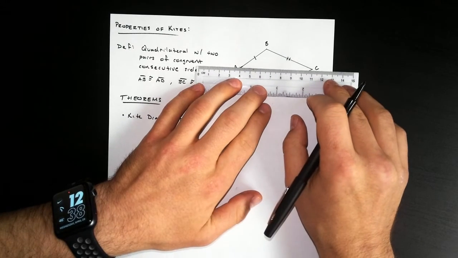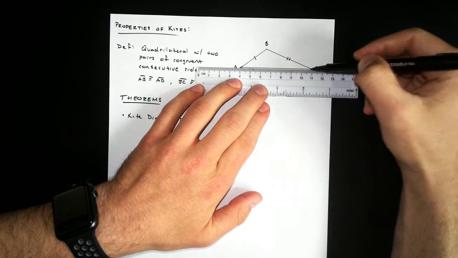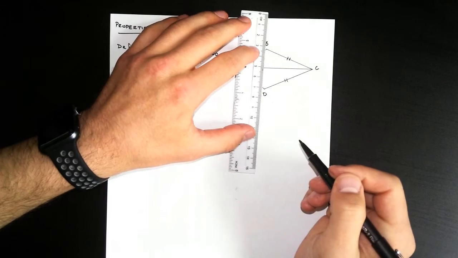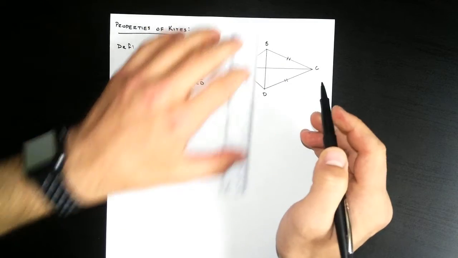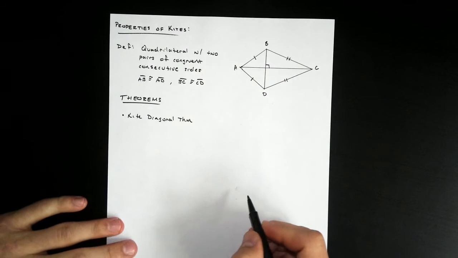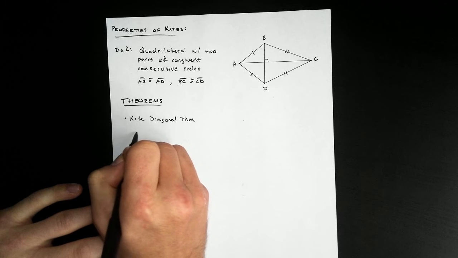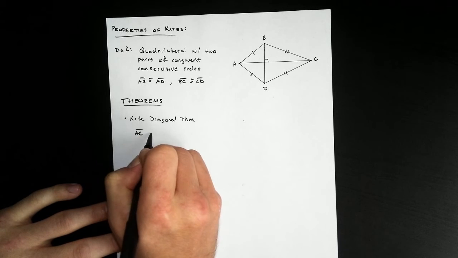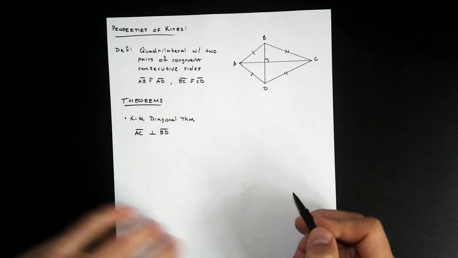So if I draw the diagonals here, we got the one from A to C, and the diagonal from B to D. These are perpendicular to each other. They form a right angle. So this says that AC is perpendicular to BD.